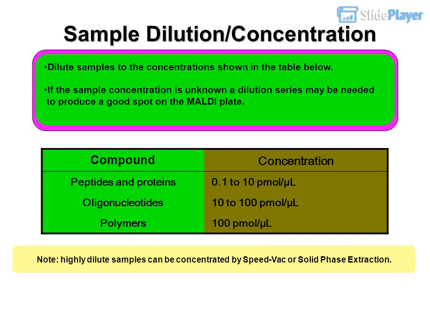Sample dilution and concentration. Dilute samples to the concentrations shown in the table below. If the sample concentration is unknown, a dilution series may be needed to produce a good spot on the MALDI plate. Compound concentration: peptides and proteins, 0.1 to 10 pmol per microliter.